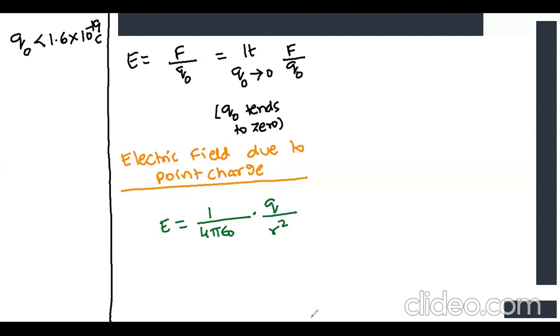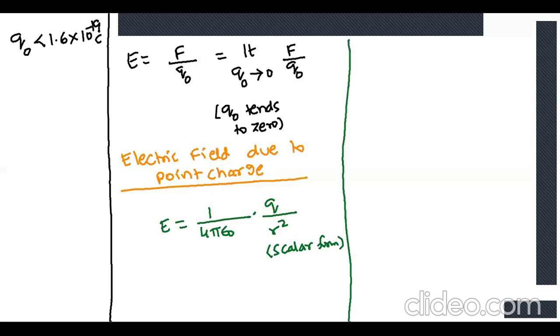If it is a negative charge, instead of Q, I'll keep minus Q. This is in scalar form.